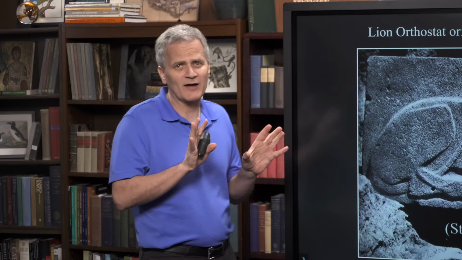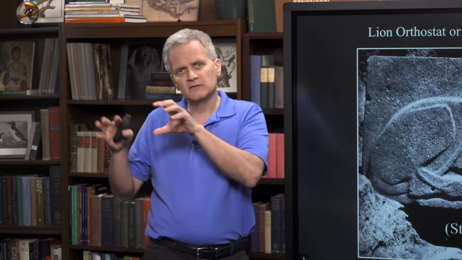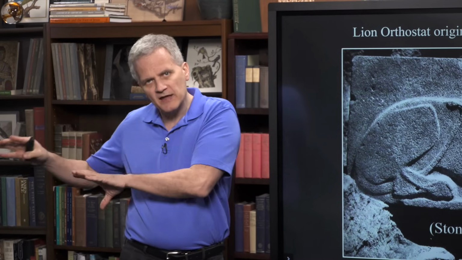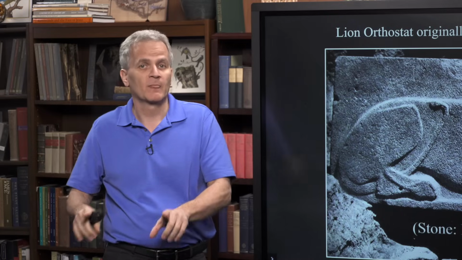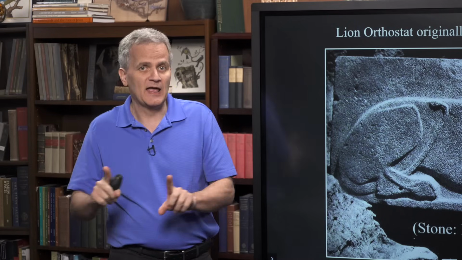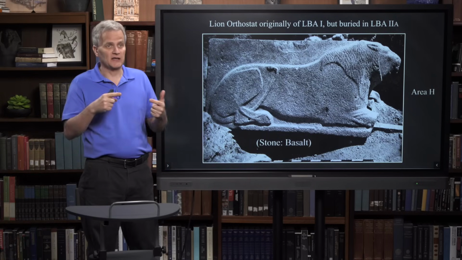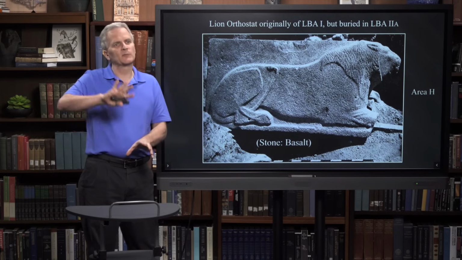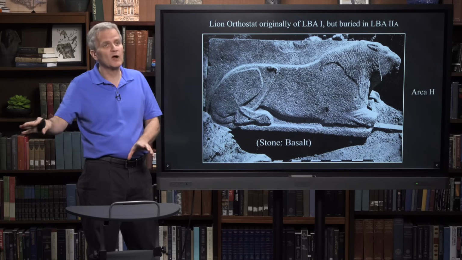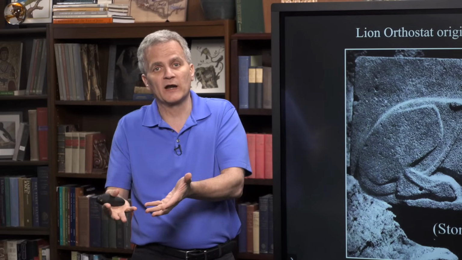Well, remember we talked about lion orthostats that were found and used in the Late Bronze Age 2A, this new occupational phase after the destruction under the Israelites? Well, here we have one of those orthostats, and it is used secondarily. In other words, it was originally crafted or sculpted in a previous period, almost certainly Late Bronze Age 1, and then after the destruction of the city, it was dug up and reused somewhere else on the site.